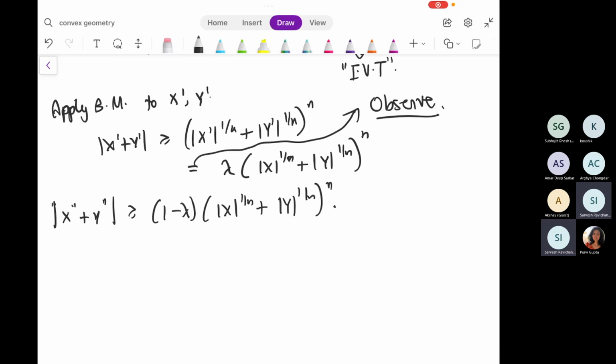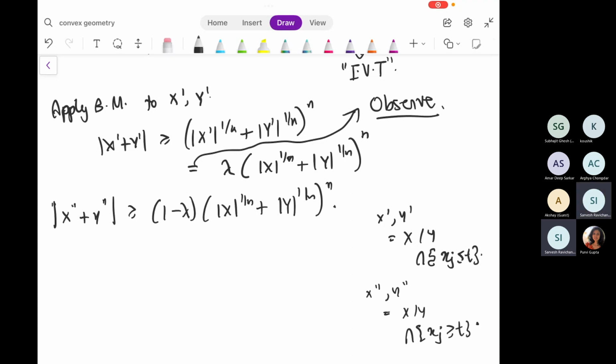But you need to think about what these two sets are. Now, if you look at what x prime and y prime are, they are x or y respectively intersected with the set xj less than or equal to t. Whereas x double prime and y double prime are just x or y intersected with xj greater than or equal to t.